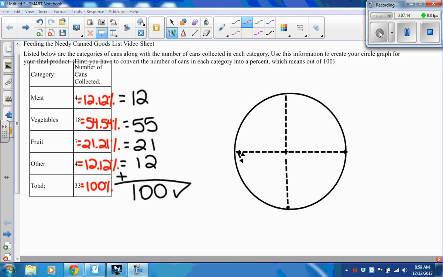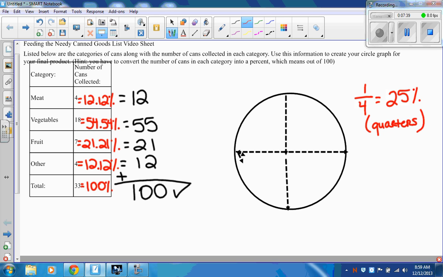So we know that 1/4 is equal to 25%. So each one of the fourths in the circle that we have with the dotted lines represents 25%, which is a quarter. So think about quarters. There's 4 quarters in a dollar. There's 4 quarters in your circle, and we're going to estimate and make our circle graph.